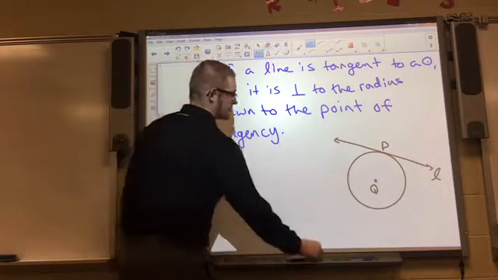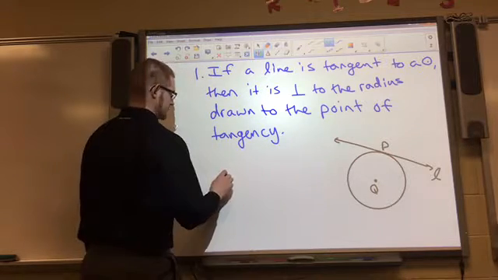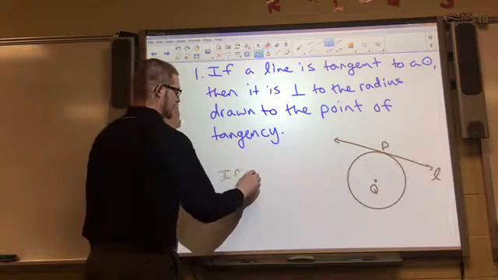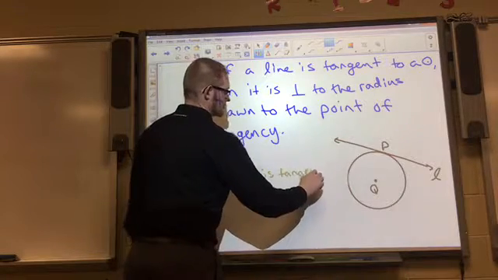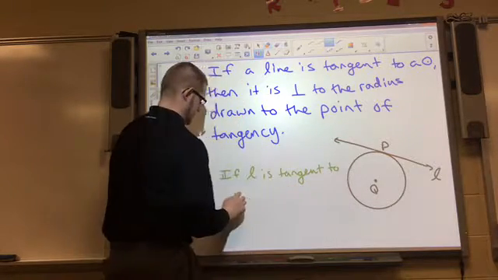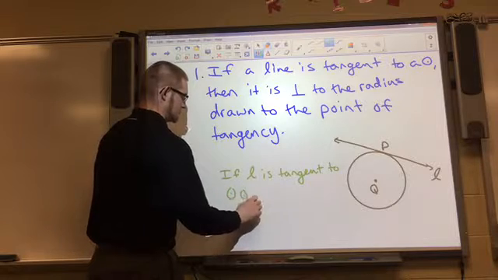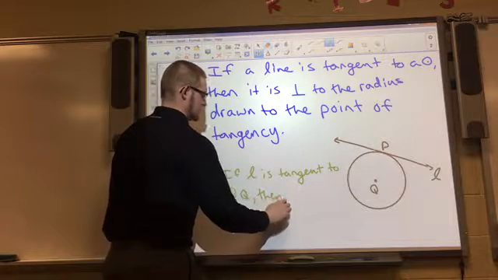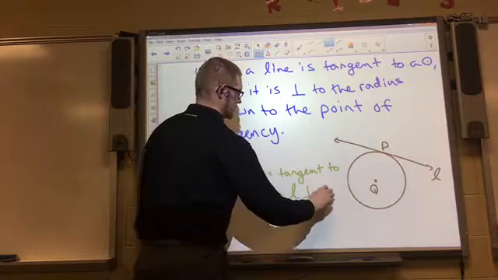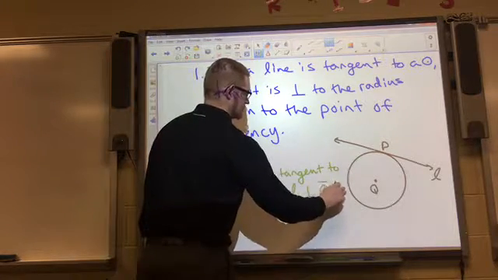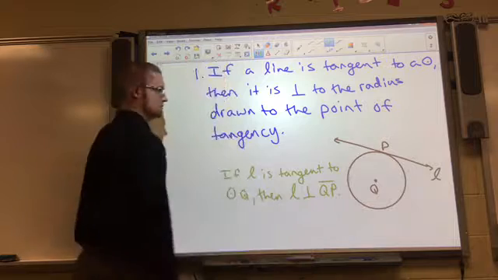So if L is tangent to circle Q, then L is perpendicular to QP.